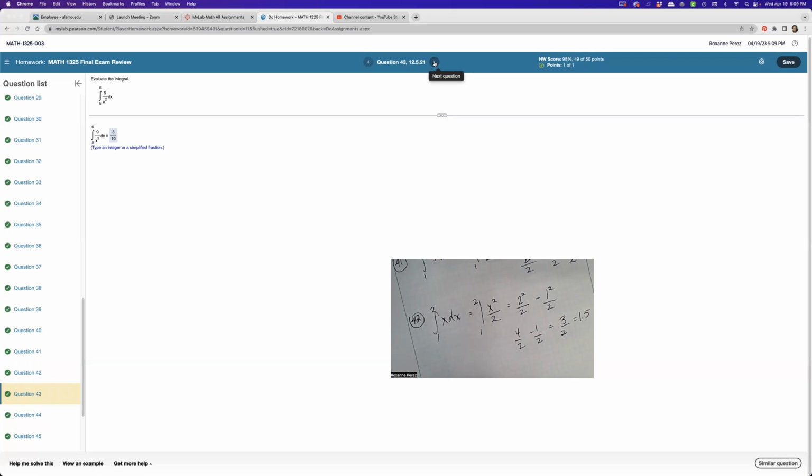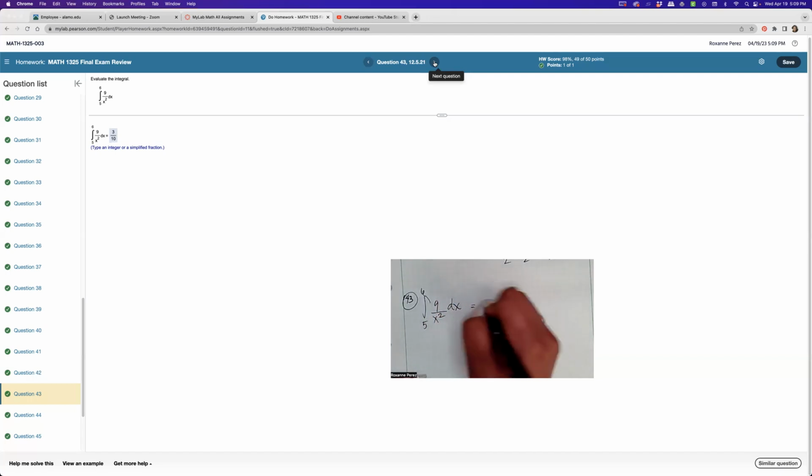43. We have the integral from 5 to 6 of 9 over x squared dx. That's going to give us 9x to the negative 2.